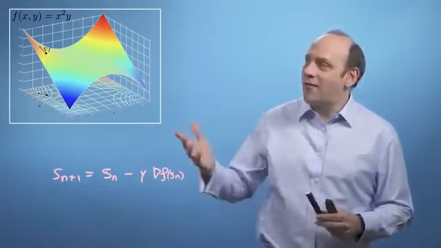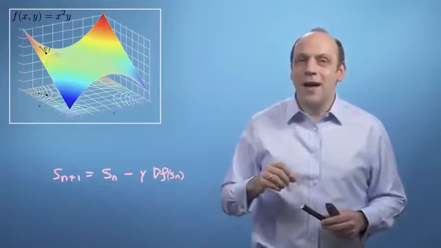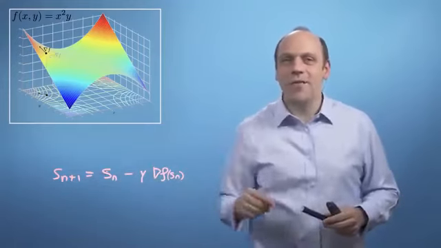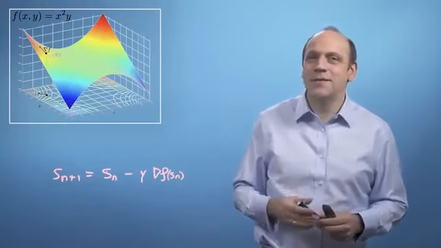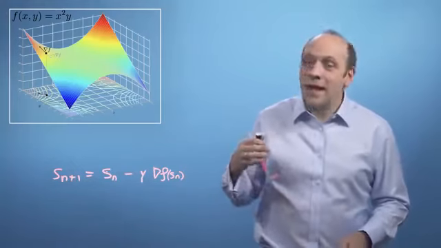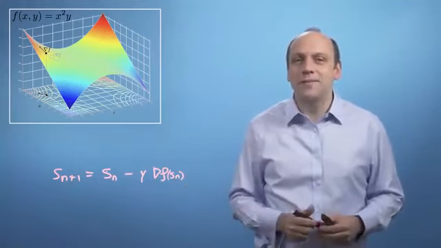On the graph, that's going to look like taking a little step, the little blue one, down the hill, and then we reevaluate, make another Sn plus 1, and make another step, and take a series of steps down the hill. If we overshoot, that's okay, because grad will just take us back to the minimum.